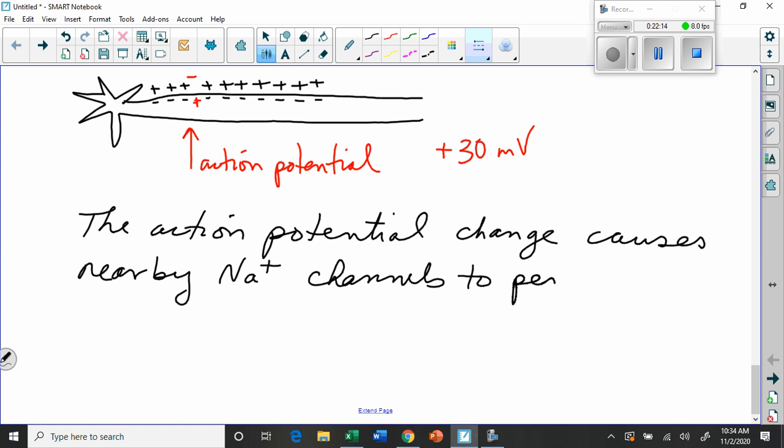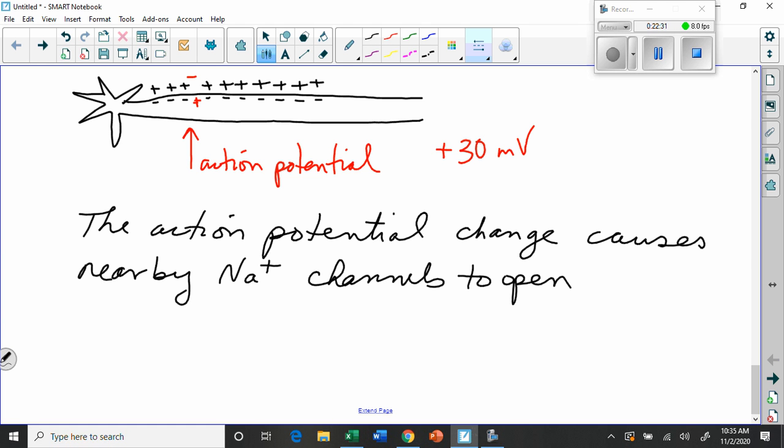So the sodium channels respond to voltage changes. They're called voltage gates. They can respond to physical changes, like physical pressure changes, usually in the nerve ending, wherever the nerve sort of begins.